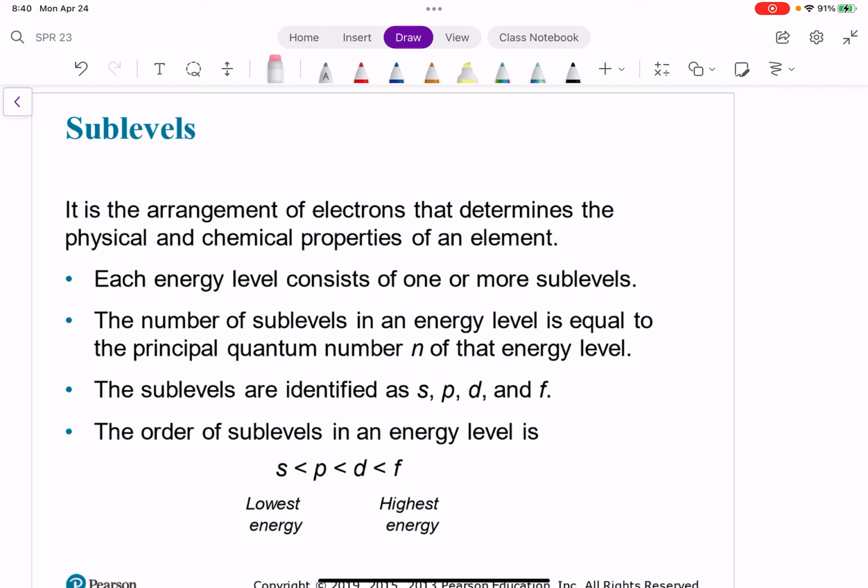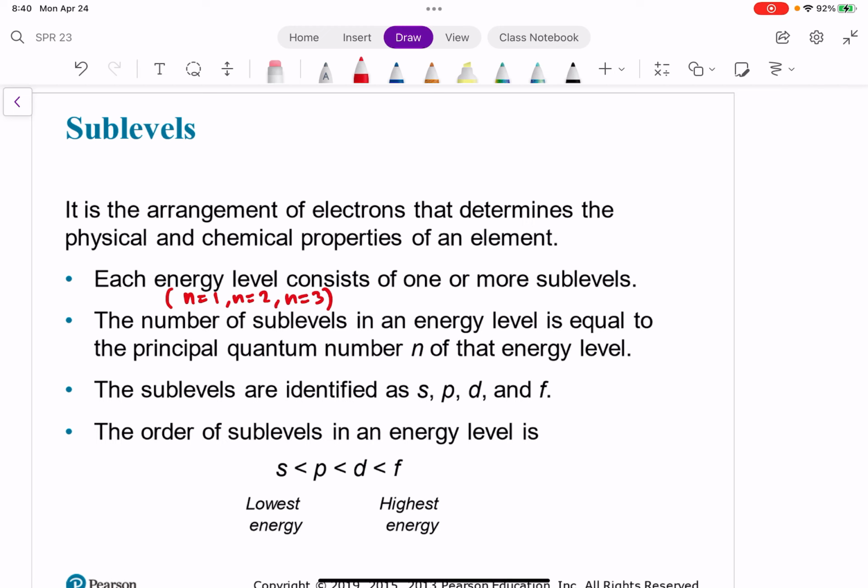You've got your energy levels, n equals 1, n equals 2, n equals 3, and within those energy levels, there are sublevels. The number of sublevels in an energy level is equal to the principal quantum number of that energy level.